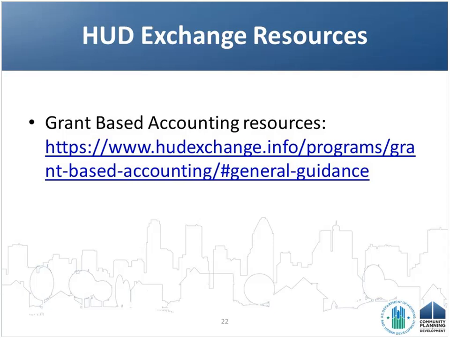Is there an obligation and expenditure deadline for the CDBG entitlement grants? If so, what is it? It's not a so-called deadline. The obligation test applies to every program year. The expenditure test applies to the lifetime of the grant.